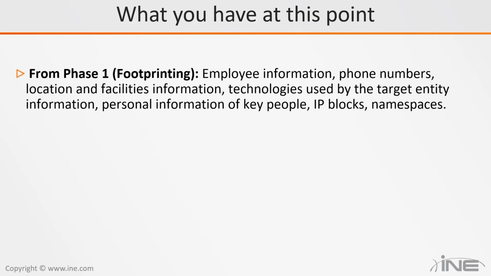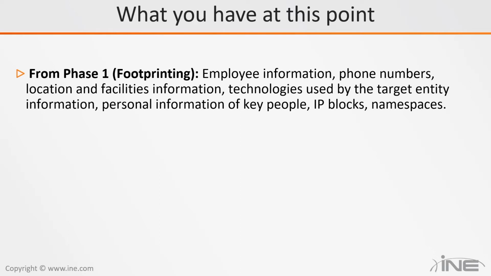So what you have at this point, from phase 1, which was footprinting, you might have obtained employee information, phone numbers, location, geolocation, information about the facilities, perhaps even very detailed information about some physical security flaws that you can exploit. Eventually, technologies that they are using, remember we can learn that via job sites, for example, via banner grabbing and some other techniques.